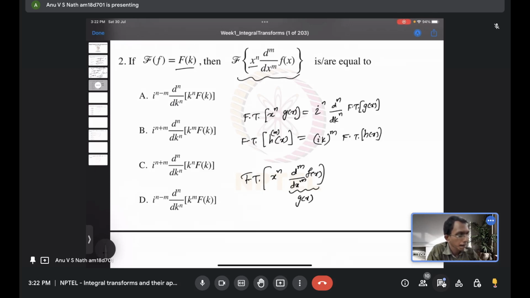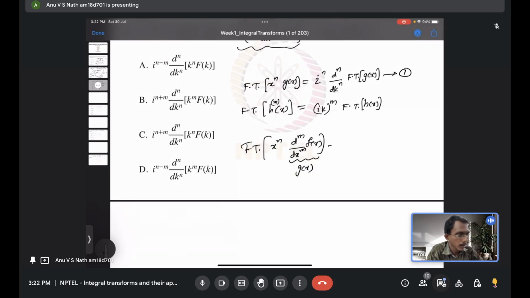It's another function. Then by the first property, we can write this as i raised to n d raised to n by dk raised to n of the Fourier transform of the function g of x. So we have g of x to be the mth derivative of f, right?